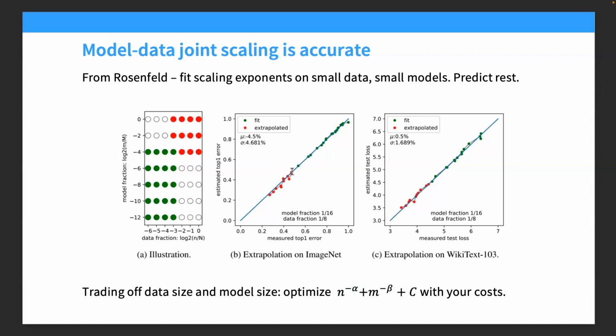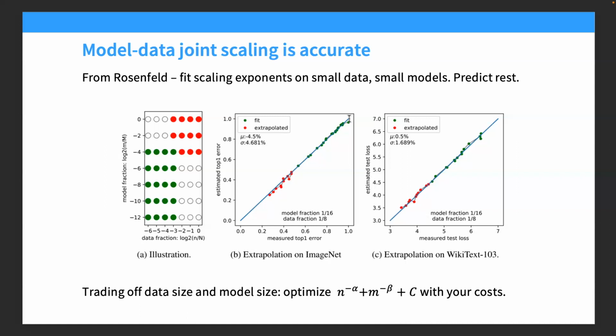Because of the green dots, you can derive the parameters alpha and beta, and then given the red configuration, you can calculate the estimated error there. And to see whether the prediction holds, you can also measure the actual error for this model configuration and data size.